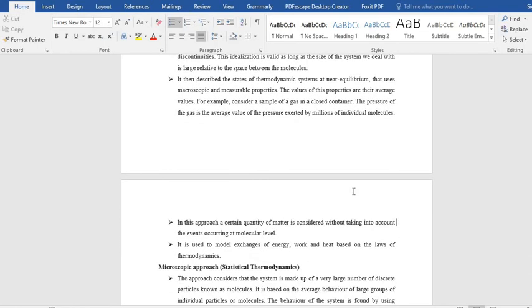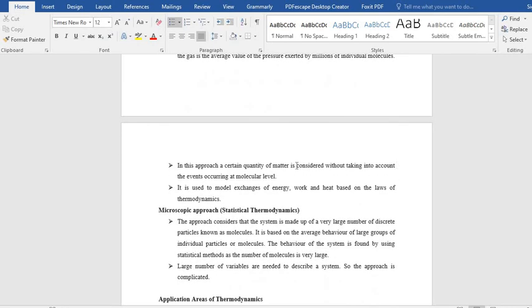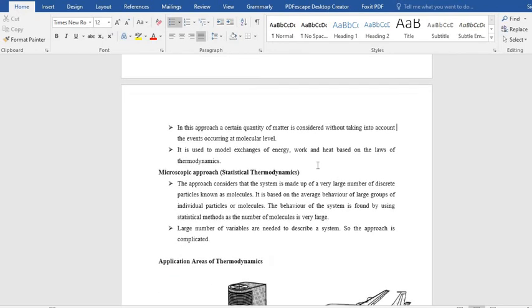Because of the pressure exerted by those individual molecules, we get the pressure that is measurable in the macroscopic approach. In this approach, we are not concentrating on what is going on inside the molecules. We are only seeing the outcome, the average. It is also used to model exchange of energy, work, and heat based on the laws of thermodynamics.